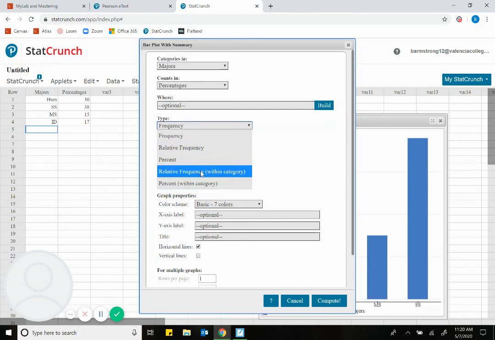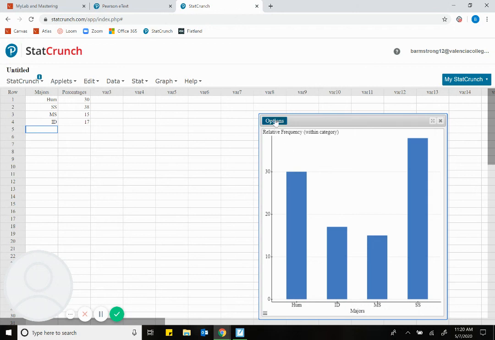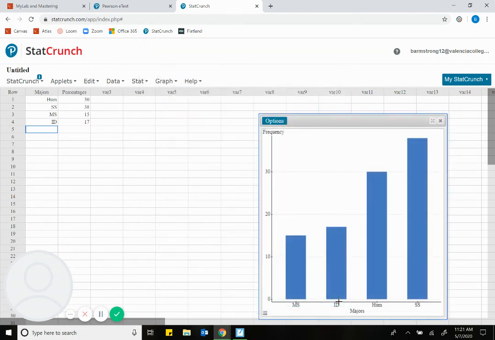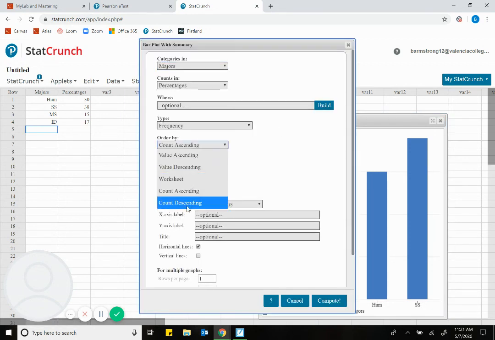Let's see what this one did. I like playing around some. Nope, that one's not it. Just kidding. Let's take it back to the frequency options. Nope. Maybe we go count ascending. There we go. So there's ascending, but that's not what a Pareto chart looks like. We want to do count descending.